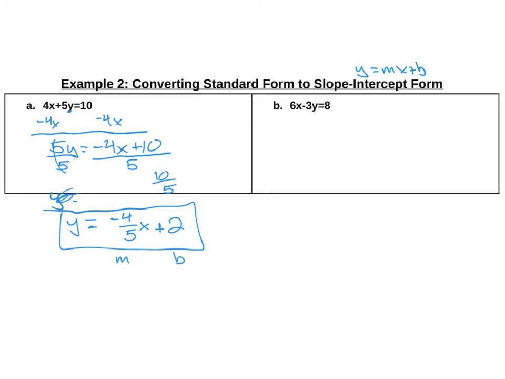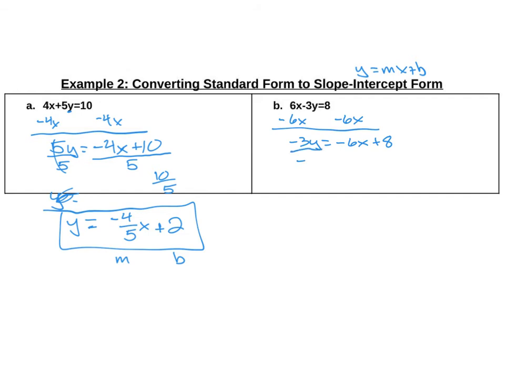So when we look at B, again, solving for y, we are going to subtract 6x from both sides. Again, making sure that we do not try to subtract 8 and minus 6x, since they are not like terms. And always put that x first, and that is negative.